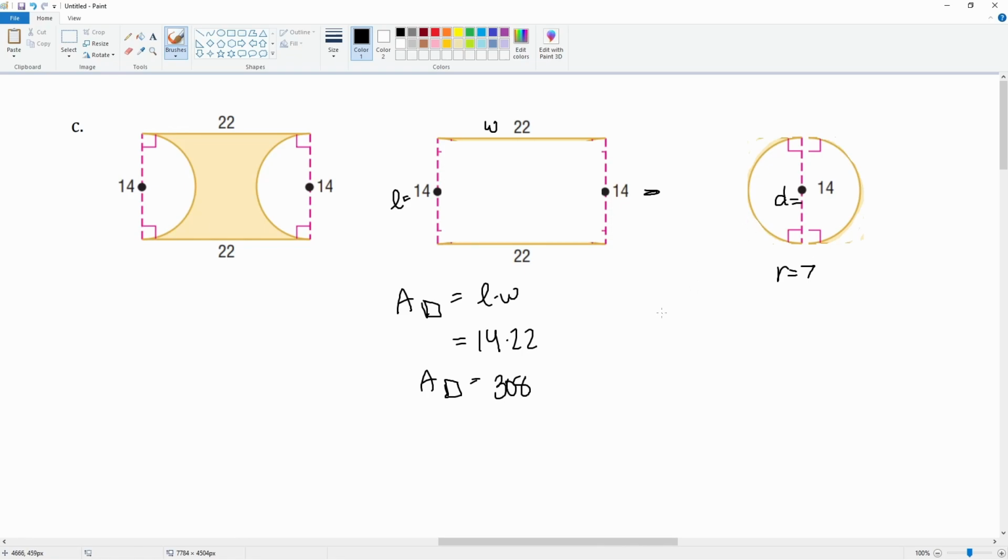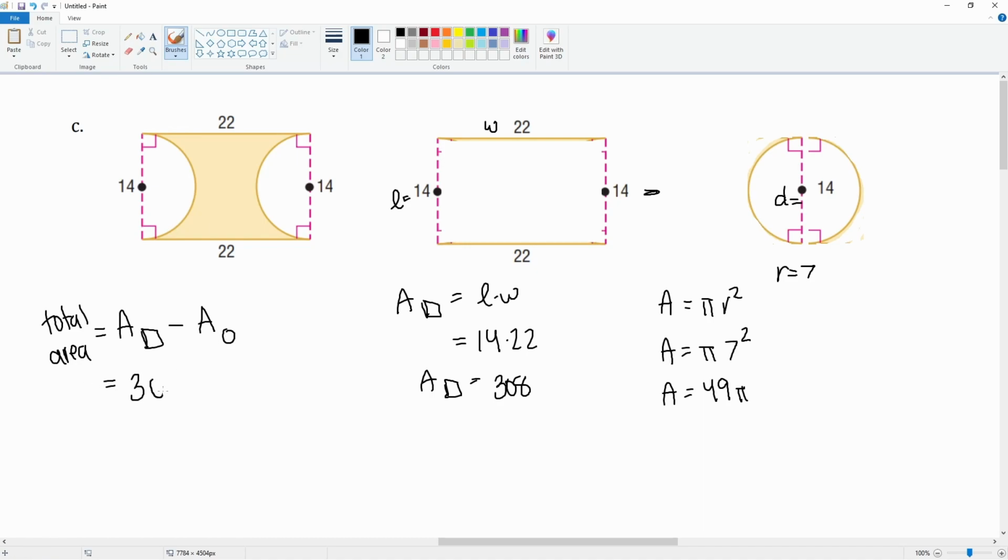Then we have the area of the circle, which is pi r squared. This is a complete circle, right? And the radius is 7, so it's pi times 7 squared. The area, it is 49 pi. So the total area here is going to be defined by the area of that rectangle minus the area of that circle.